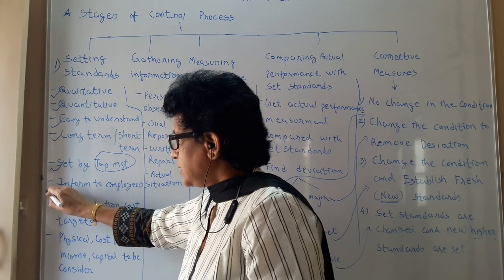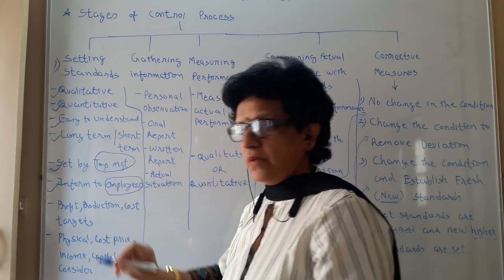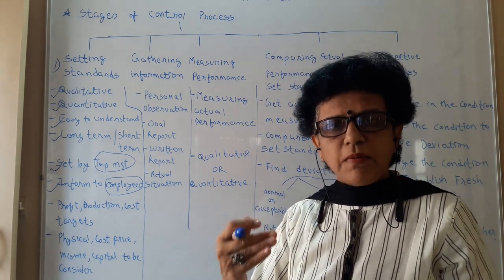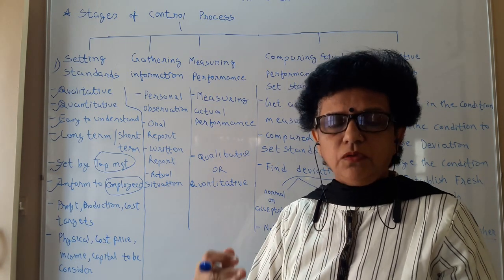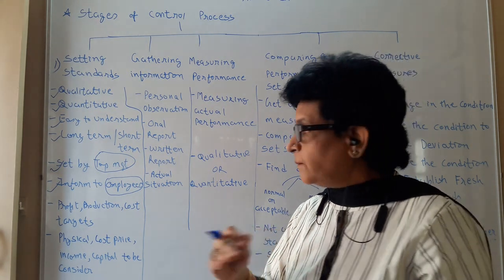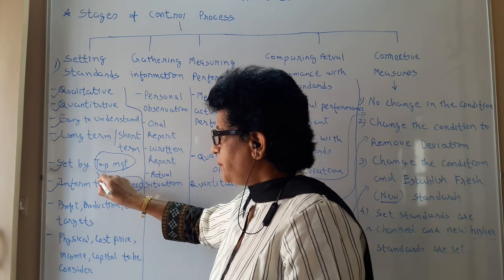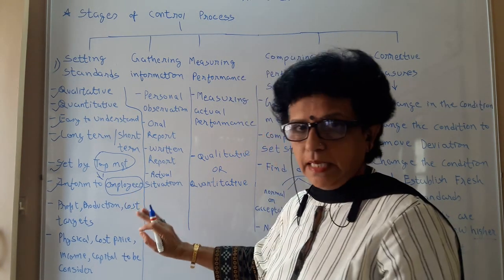The information has to be given to employees. Ultimately, who does the work? The employees. Actual work is done by the functional management, you can say the bottom management. So what is in your mind must be properly communicated to them, that what they have to achieve.